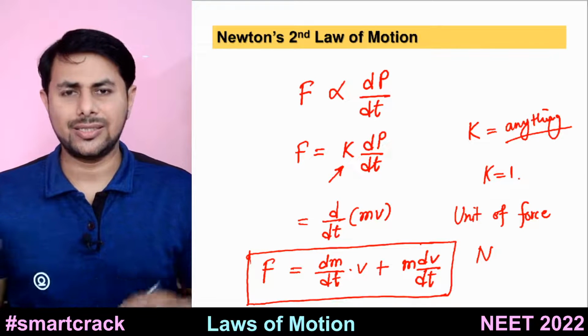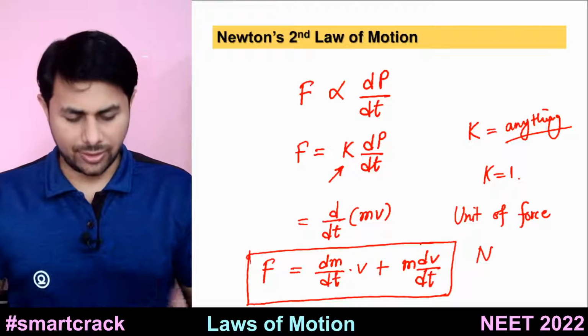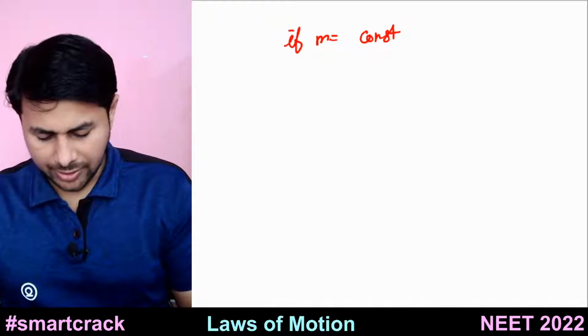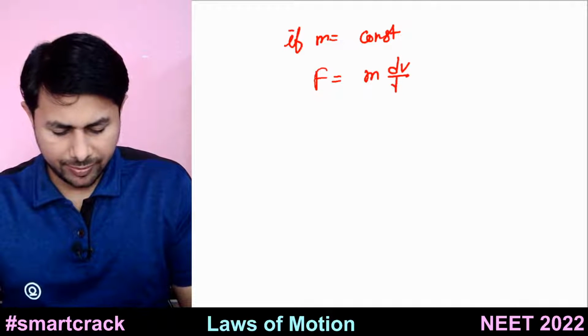So we can't say that force is equal to mass into dv by dt if m is not constant. If m is constant, in that case we can say F is equal to m into dv by dt.